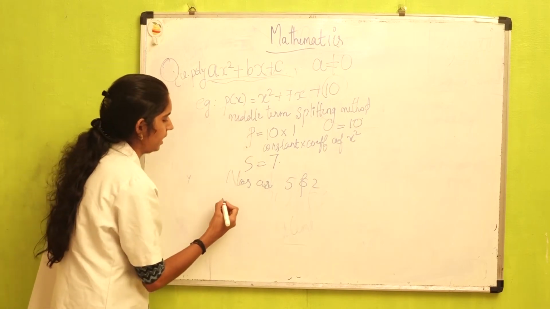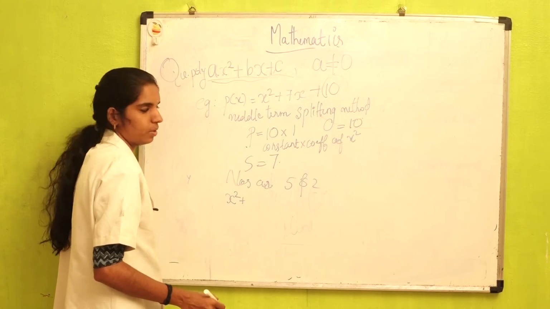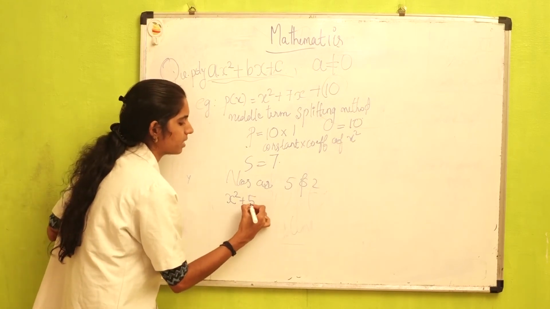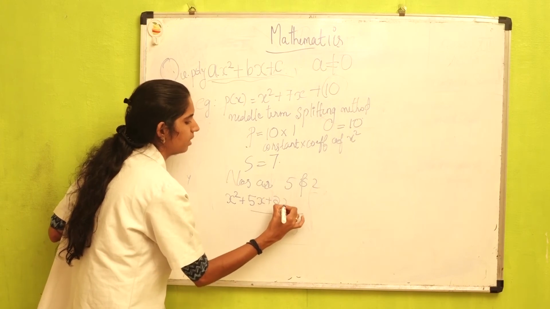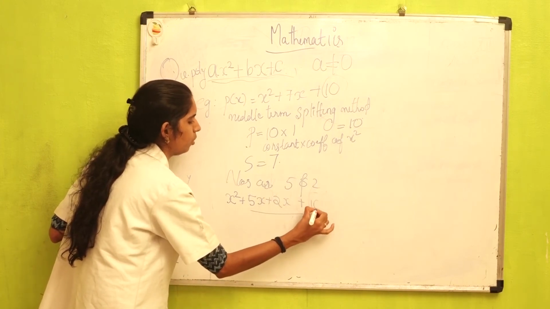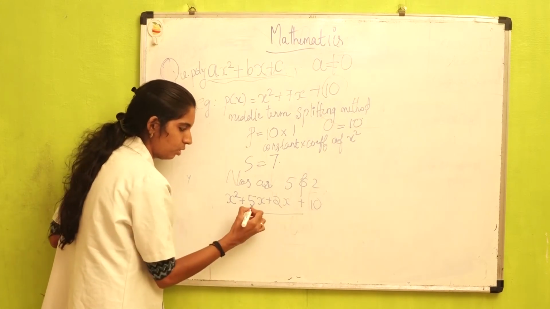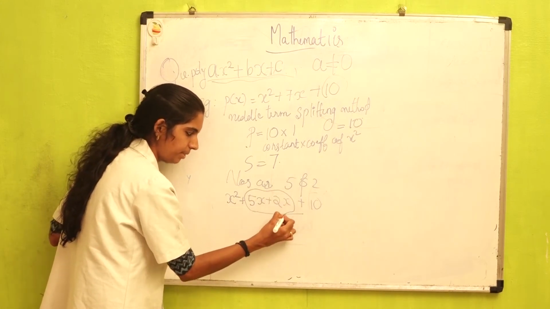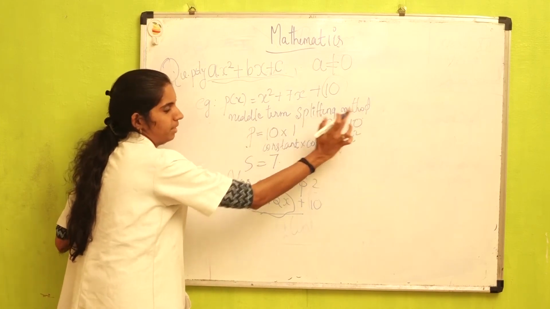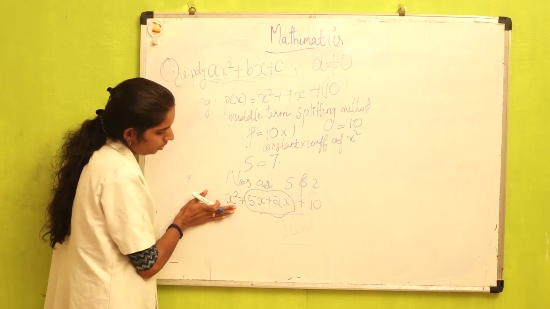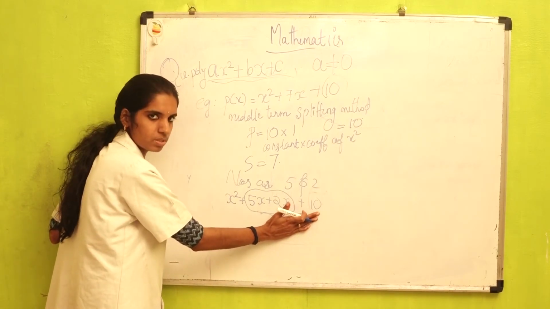So we can factorize this polynomial as x square plus 5x plus 2x plus 10. There is no change in the first term, x square, and no change in the constant term. There is only a change in the middle term. So this method is known as the middle term splitting method.